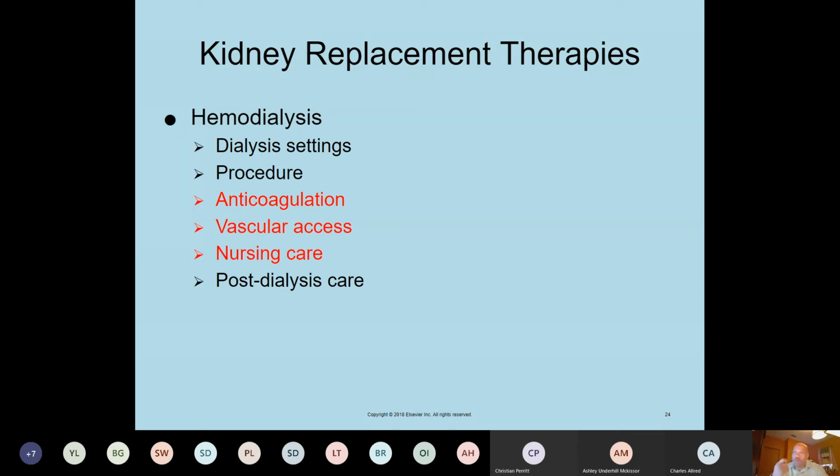You can also place your stethoscope over the AV fistula, and you will hear what we call a bruit. So you're auscultating a bruit, but you're palpating for a thrill. All right, and this indicates that the system is working.